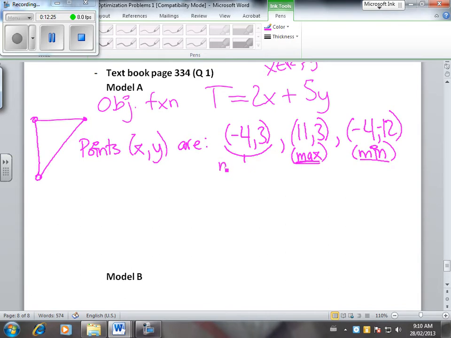And we also have to say that this guy is not included because it's a hollow dot, like we drew up here. So here's -4 and 3, and here's -4, -12. So those are both hollow, so they're not included. And this guy is not included.